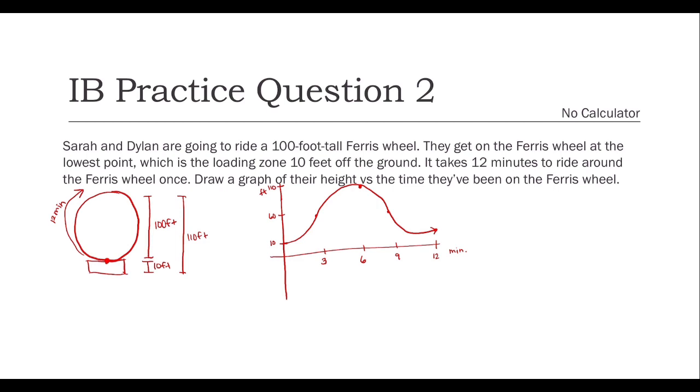We can also come up with our function for this. So f of x equals, if we look here, our midline will be at 60 feet. Our amplitude is going to be the distance from here to here, which is 50 feet.